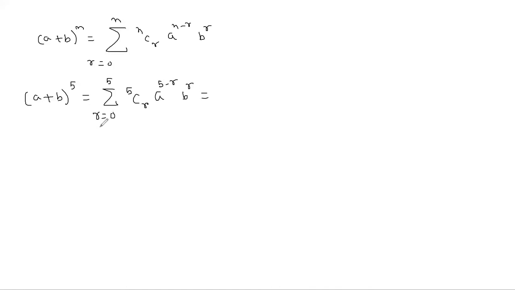If I write this explicitly, the first value of r is 0. So we get 5C0 a^5, b^0 is 1. After that, the value of r is 1.